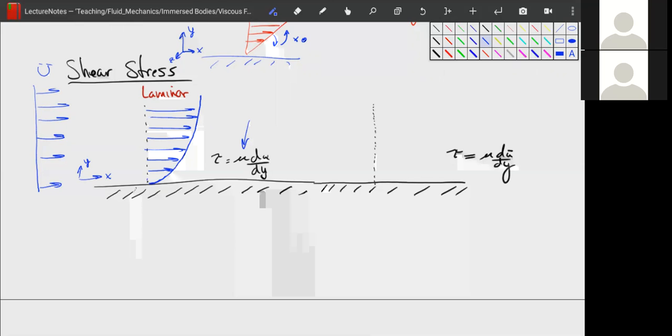Now, with turbulent flow, it's a little different beast. First of all, the shape of the flow is much different. You get a very shallow, high gradient in velocity, so very high velocity gradient near the bottom, and then it gradually increases for a while after that, but that's a very gradual increase.